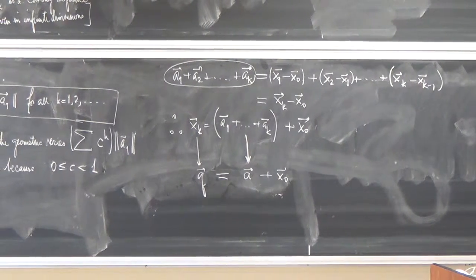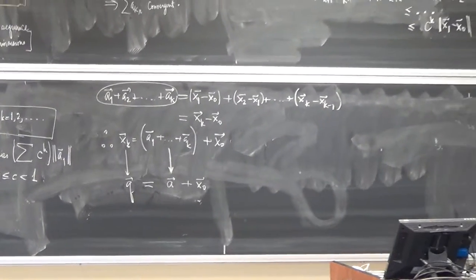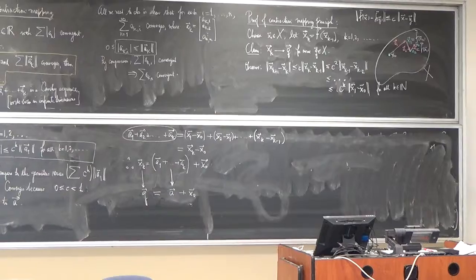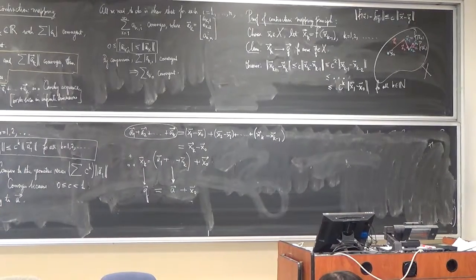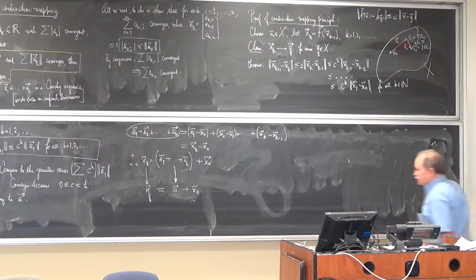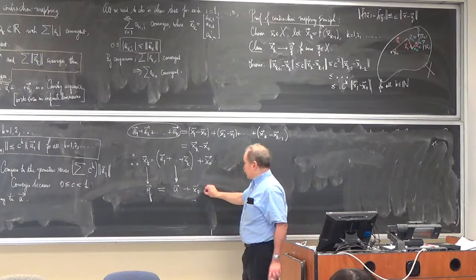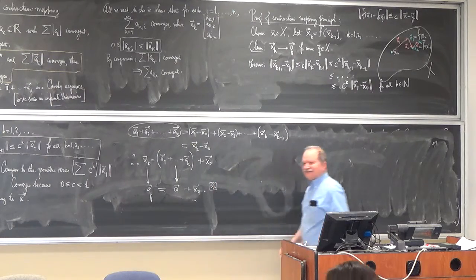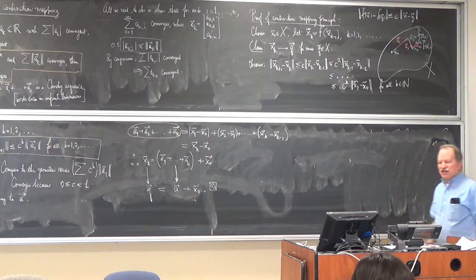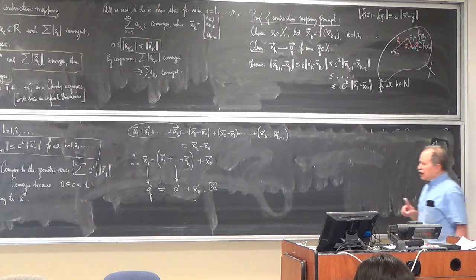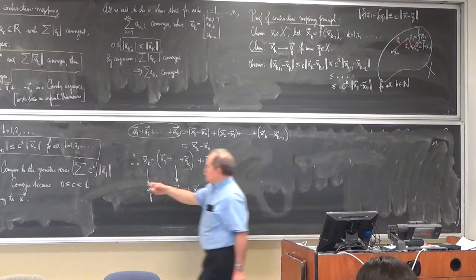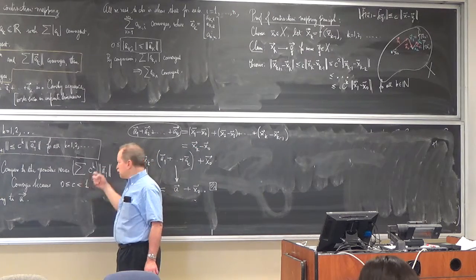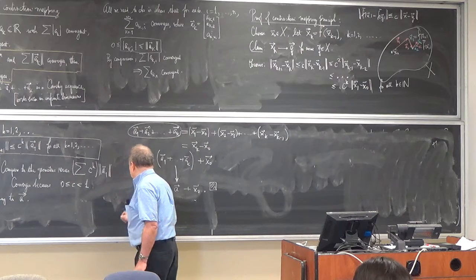You go to x0, and then you start your zigzag route, and it takes you to the limit of that series. And that's going to be the limit of your x's. So that's the proof. What's nice about this proof is that because of the geometric series, you actually get very effective bounds on how quickly it's converging.